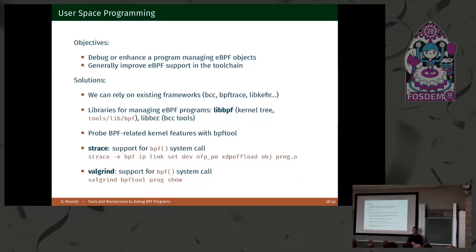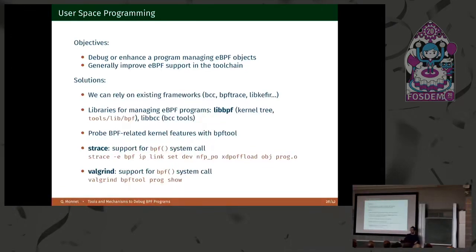You have libbpf, of course, that can be used to implement your programs managing BPF objects. You have a feature in bpftool that allows you to dump the list of BPF-related features on your system, so that you can check what's available: what program types, what map types, what BPF helpers even, and if the BPF syscall in the first place is supported.